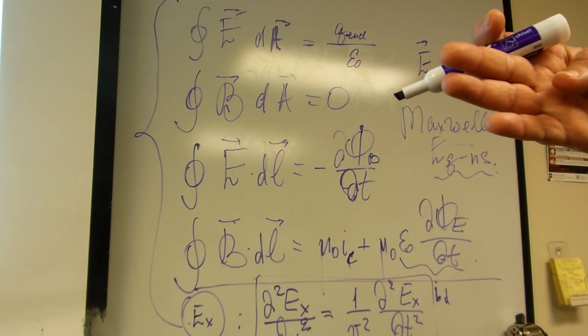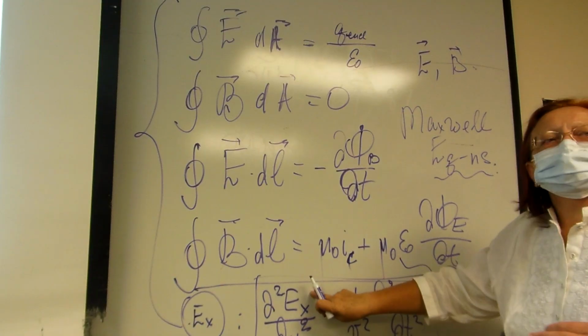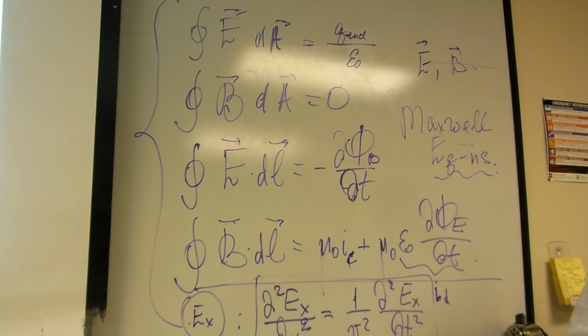So over there, it is how much each part of the string goes from position of equilibrium. Here, it is the value of that electric field: how big it is, larger, smaller, stronger, weaker. But the structure is the same.